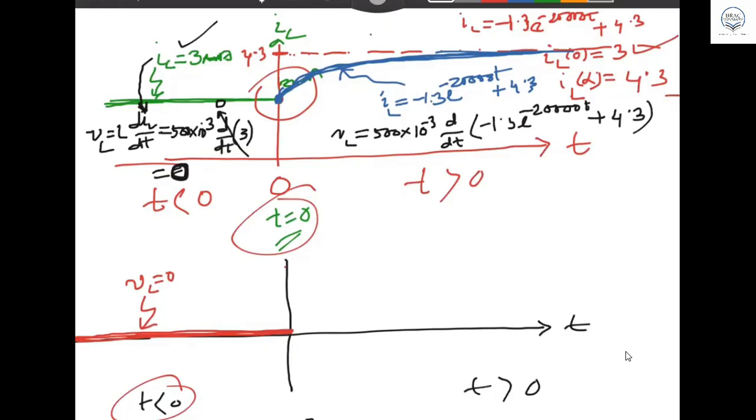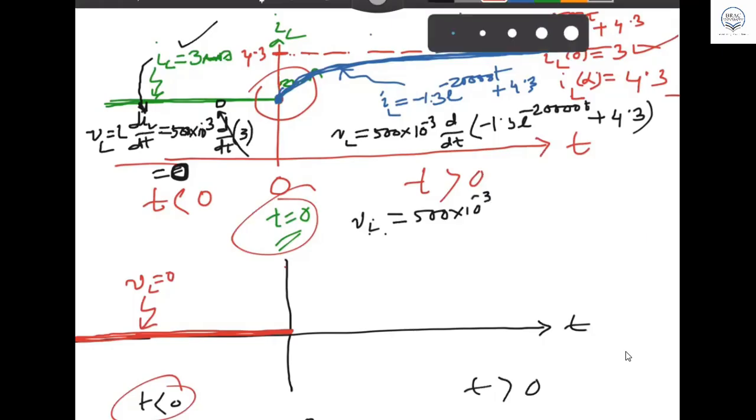Now, what is the VL? It is 500 into 10 to the power minus 3. Then this is a constant term, and the derivative of the constant term will be 0. You understand it? The 4.3 will be 0.